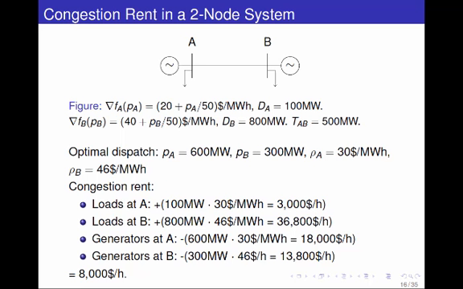If you were to run an LMP auction, a uniform price auction, those $8,000 every hour would accumulate at the system operator, because the system operator is the one acting as the intermediary between the generators that are receiving payments and the loads that are making the payments.